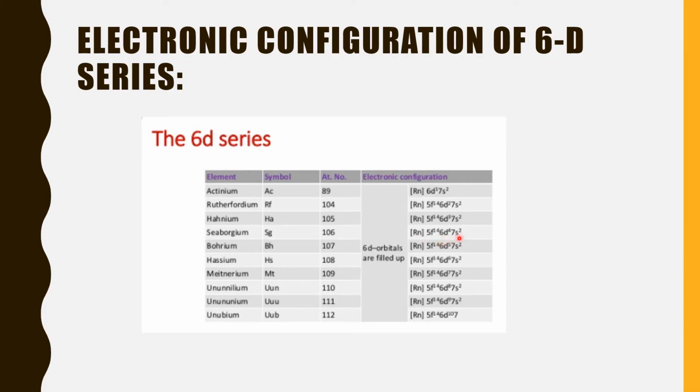For bohrium it is radon 5f14 6d5 7s2, and for hassium it is radon 5f14 6d6 7s2, and for meitnerium it is radon 5f14 6d7 7s2, and for darmstadtium, that is 110, it is radon 5f14 6d8 7s2, and for roentgenium, 111, the electronic configuration is radon 5f14 6d9 7s2.